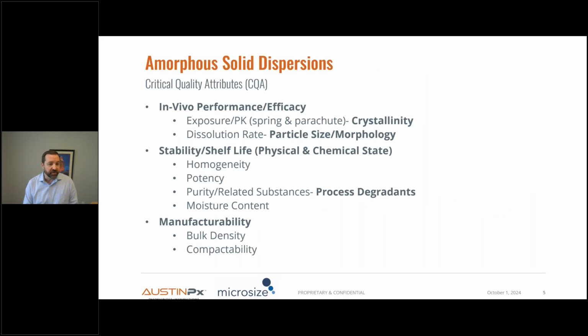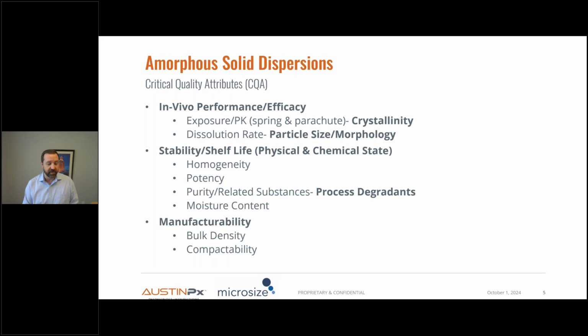So when we look at an amorphous solid dispersion platform as an example product from a CQA standpoint, there's certainly factors that bubble to the surface as the ones that would be most relevant to this type of process. Any product needs to be manufacturable. It needs to have the appropriate densities and compressibility parameters for producing a final dosage form.